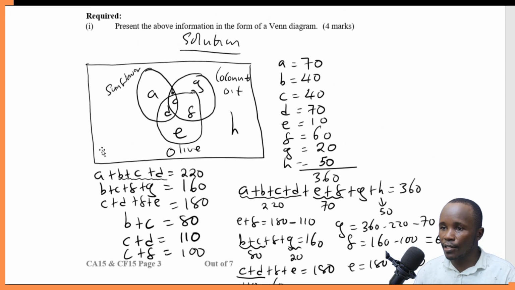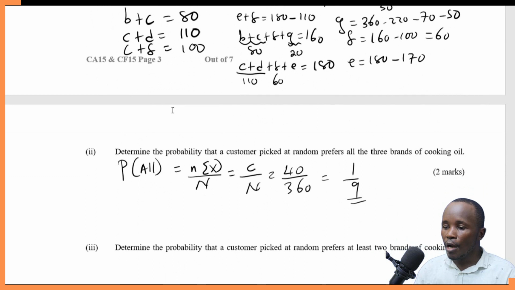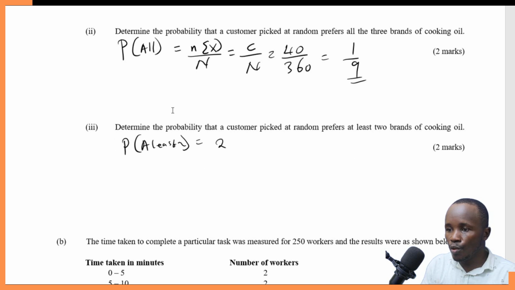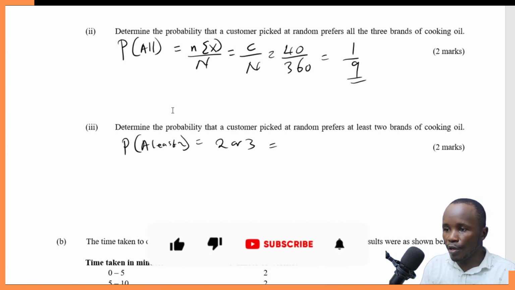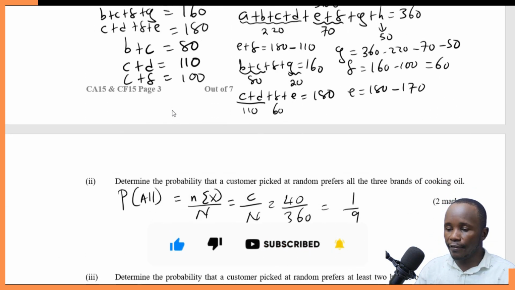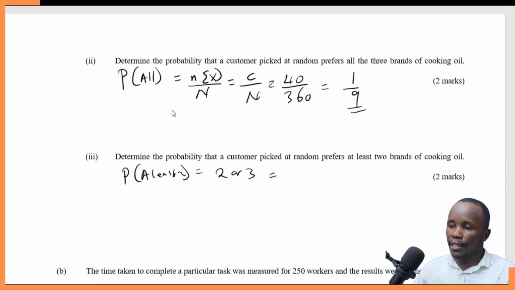At least 2 brands means 2 or more, so 2 or 3. So here we are talking about B, C, D, F. These people prefer at least 2. C prefers all of them.